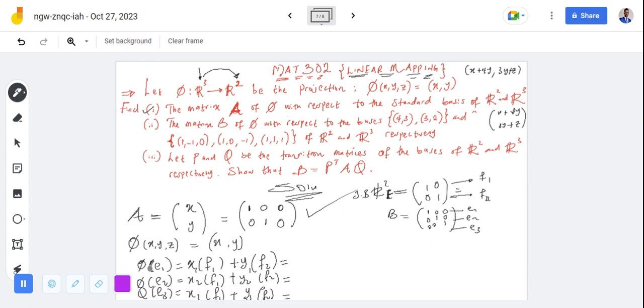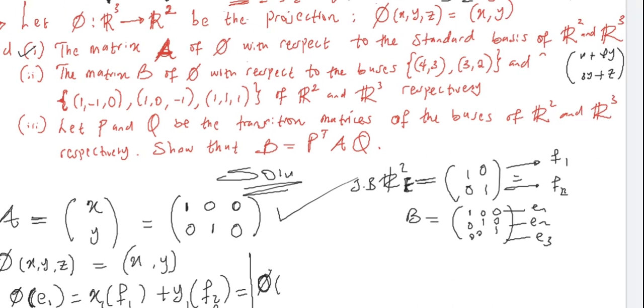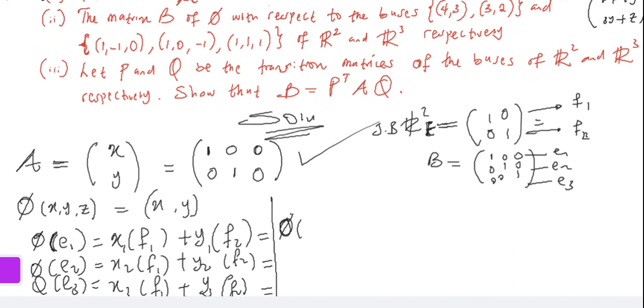Now looking at this, so this is for the first stage. I'm trying to manage the space. So I have my phi of E1. What's my E1? Trivially, E1 is just, let's check this out.